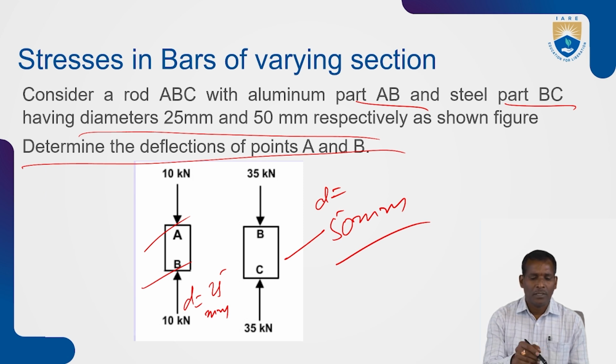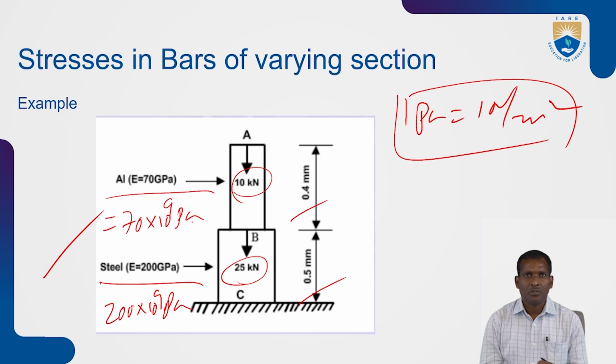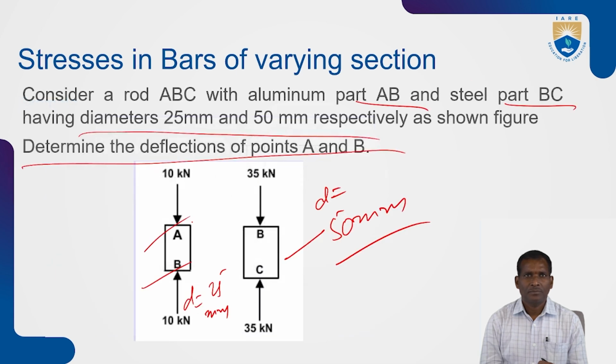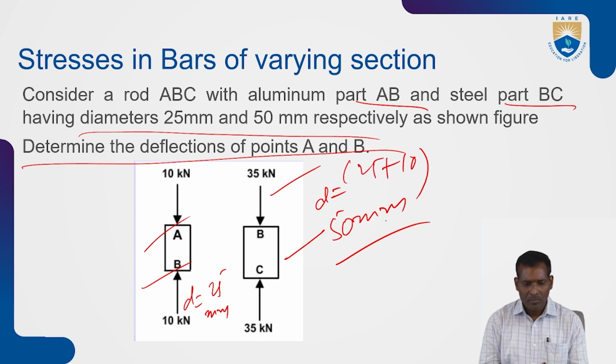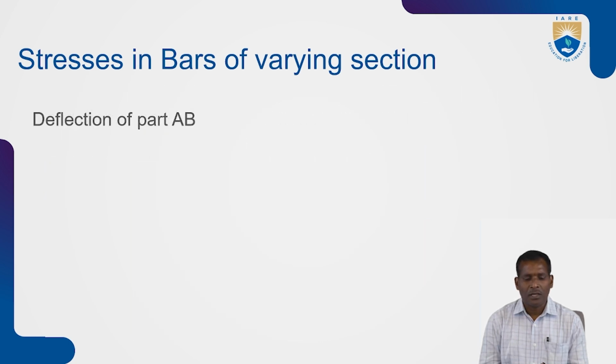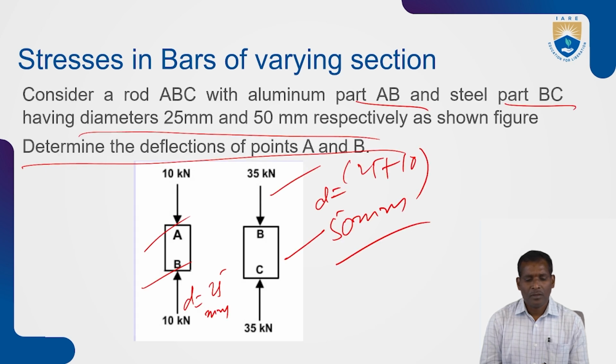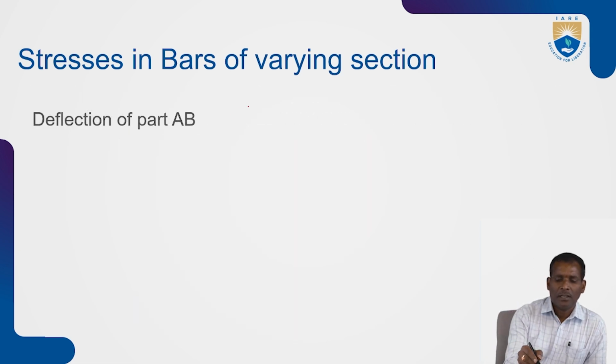Here 10 kilonewtons is acting at A and 25 kilonewtons at B. 25 plus 10, 35 kilonewtons total load acting here. Now, the deflection of part AB. How do you calculate the deflection here?